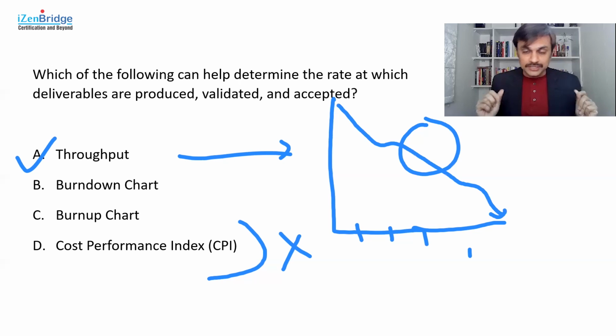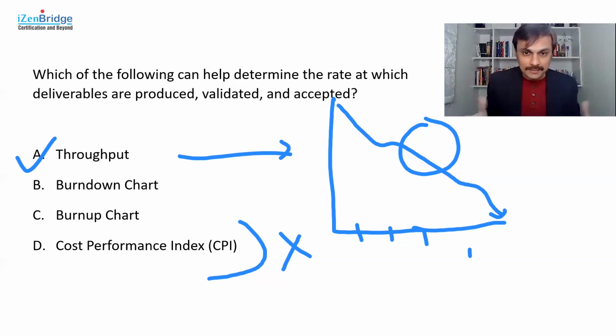So there is a possibility, though the major purpose of burn down chart is to show what is left and what is the trend. So it is more a trend oriented thing rather than a particular rate. So this slope can represent that, but still the throughput seems to be the more appropriate answer here, because the objective of throughput is primarily to tell about rate of delivery.